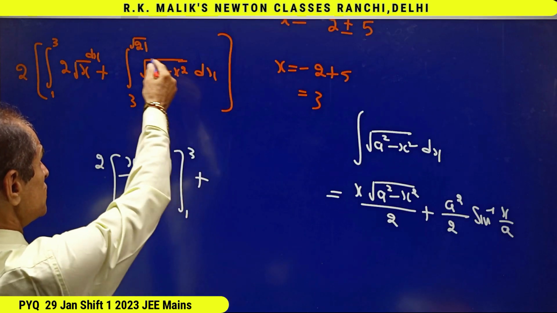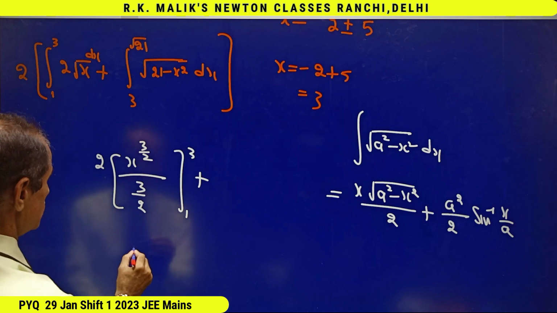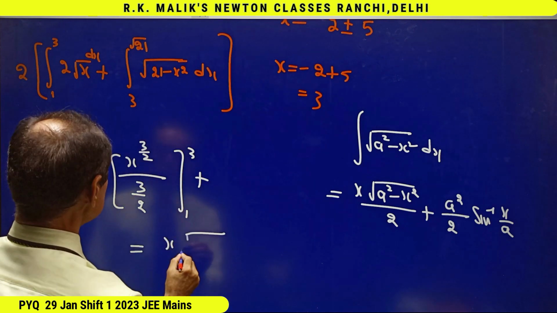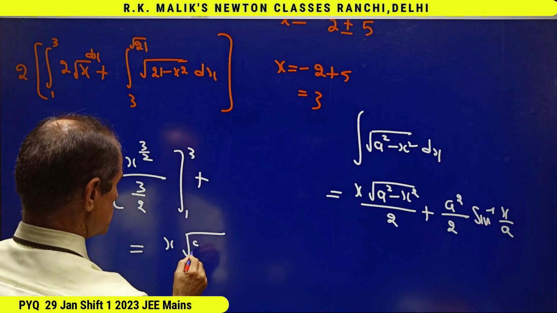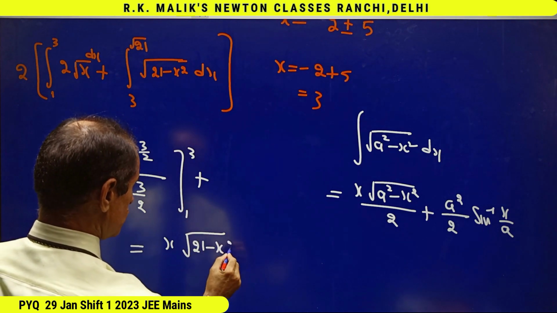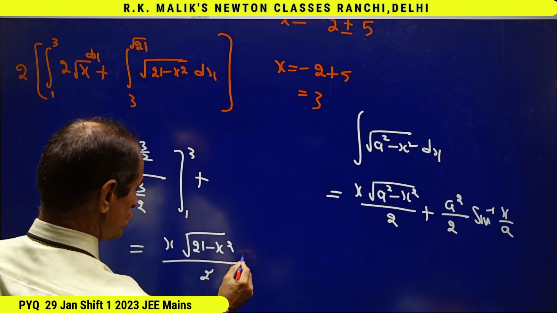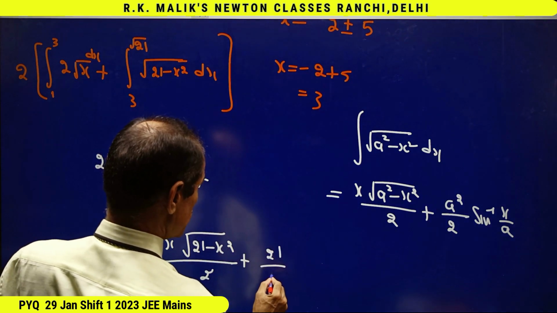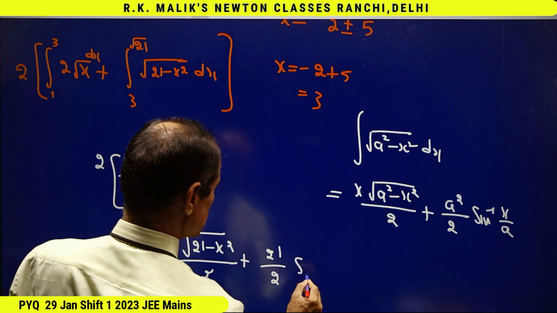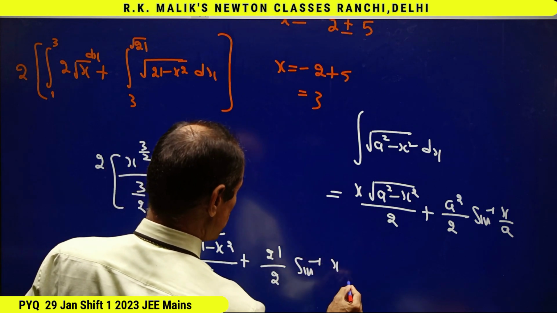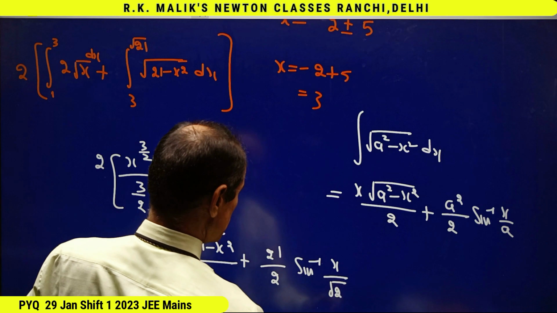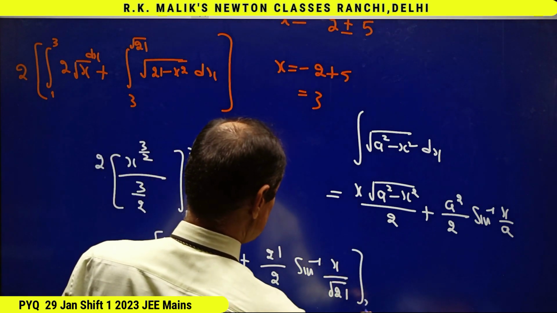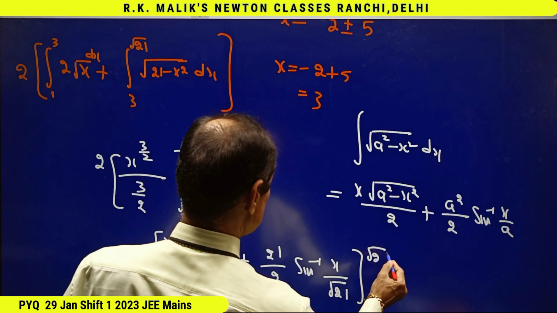And using this formula in this portion, I get x under root 21 minus x square by 2 plus 21 by 2 sin inverse x upon under root 21, from 3 to under root 21.